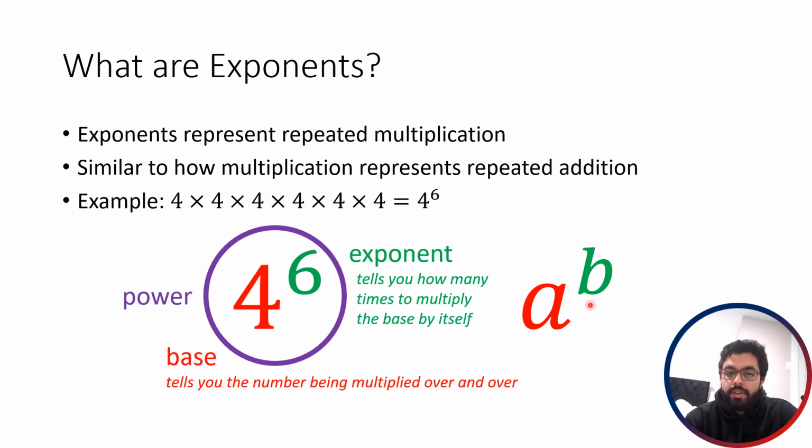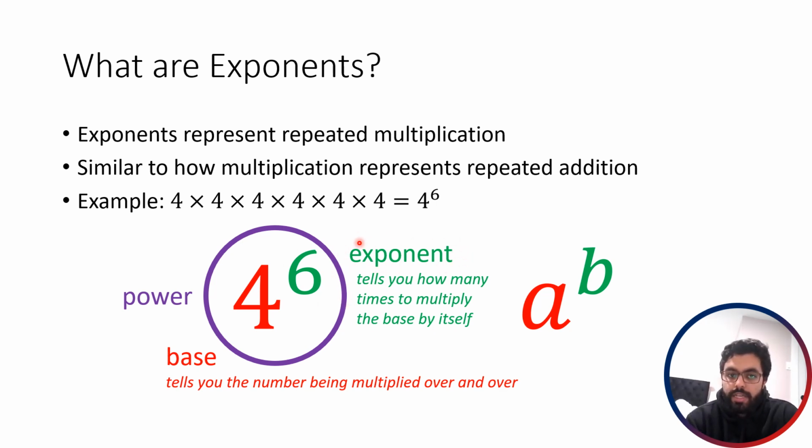So that's the base. Or more generally, if we wanted to use letters, like how we talked about the use of variables when it doesn't matter what the number is, this a is the base because it's written as a full-sized large lowercase a. That tells you that you're going to be multiplying a by itself, a times a times a times a. How many times? That's what you get from the exponent.